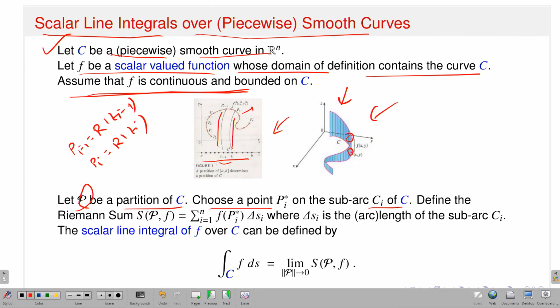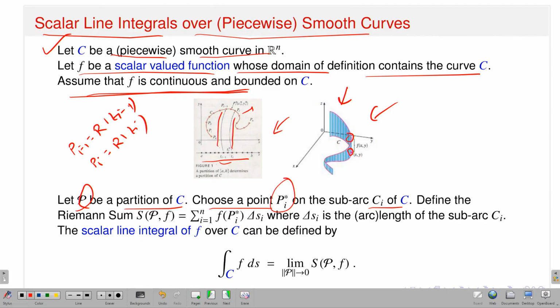Same thing I will do. Instead of taking the partition of the interval [a, b], now I am considering a partition of my curve. Once I have the partition, if I take P_{i-1} to P_i, I take an arbitrary point inside this subarc, and that I denote as P_i star.